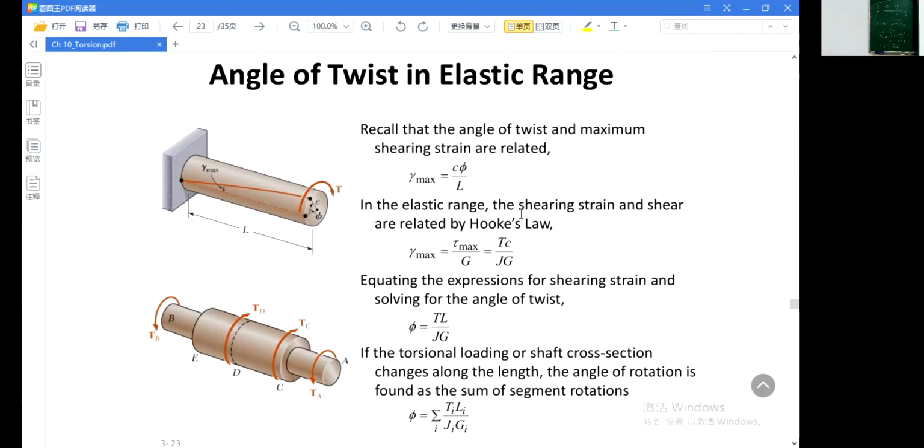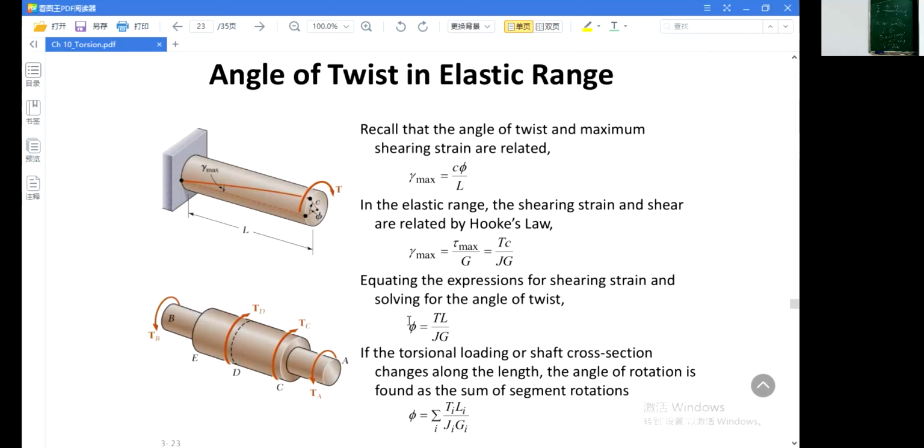G is the shear modulus of elasticity, a constant. You forgot it? So this is the deformation of a shaft.